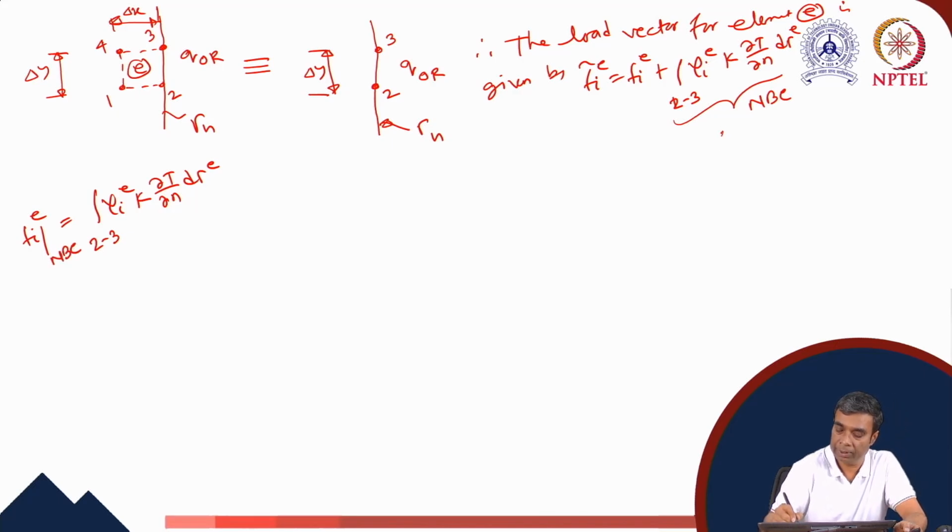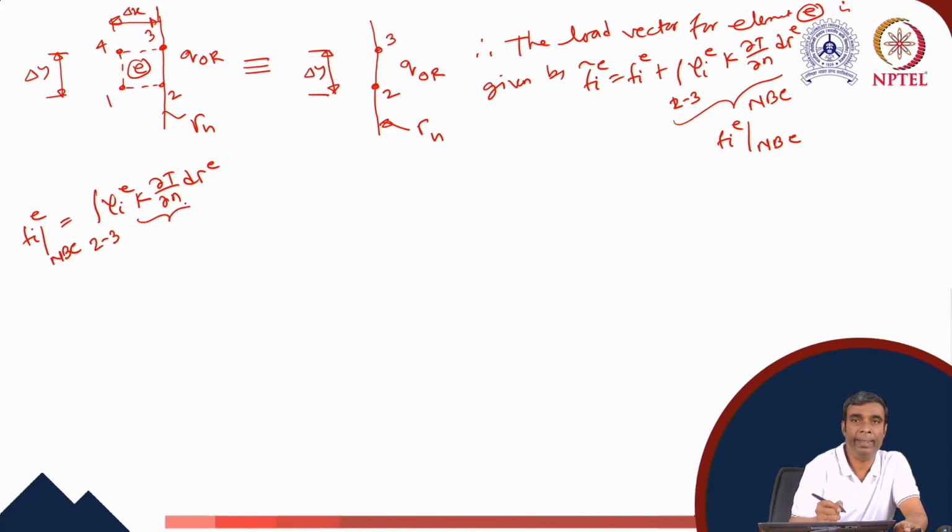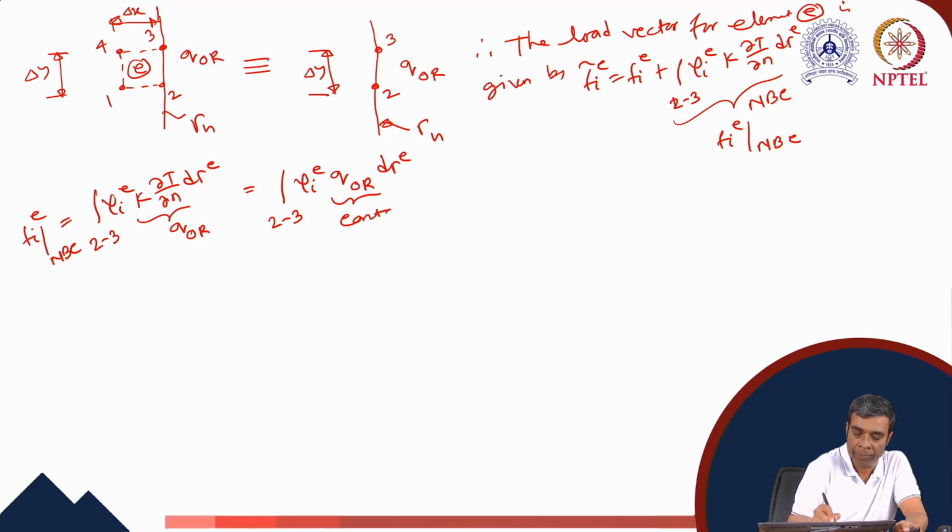So this gives us FIE NBC contribution. Now we know that this K del T del N term gives us the Q0R contribution, the specified heat flux. So this can be written as integration along path 2, 3 psi IE Q0R d gamma E. Now Q0R is a constant, it comes out.